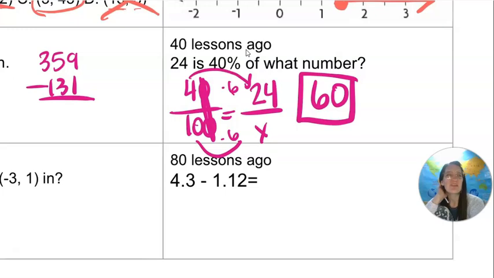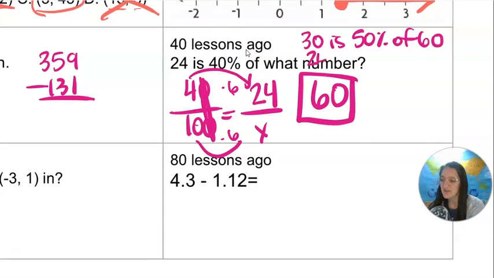Does that make sense? Is 24 40% of 60? Yeah, and that makes sense because 30 is 50% of 60, so it makes sense to say 24 is 40%. It's a little less than 50%, just like 24 is a little less than 30.